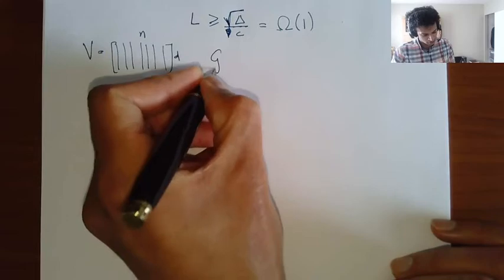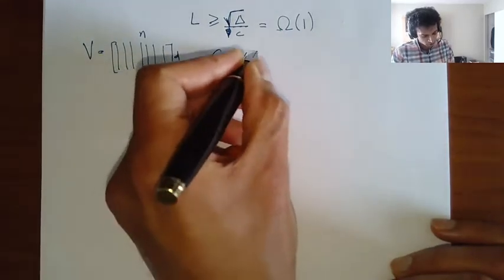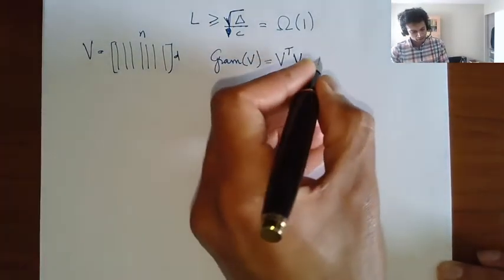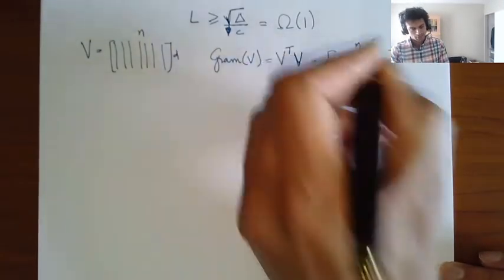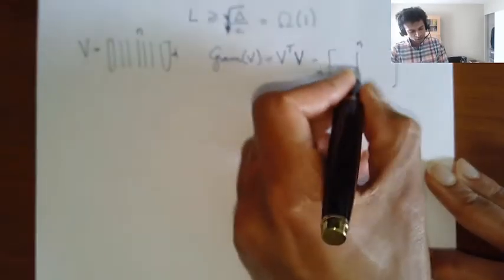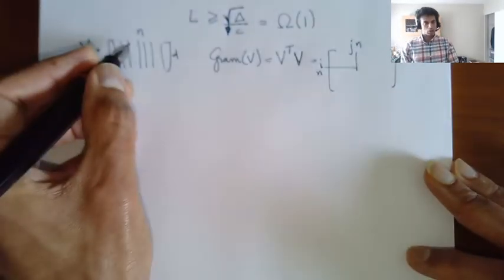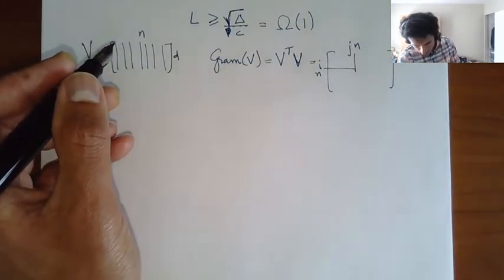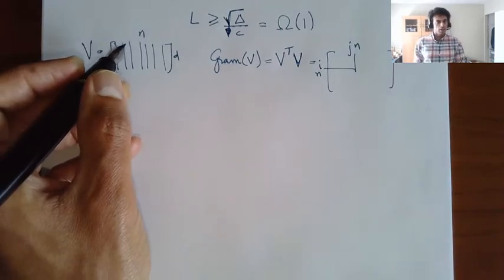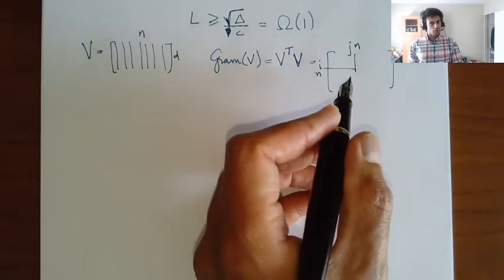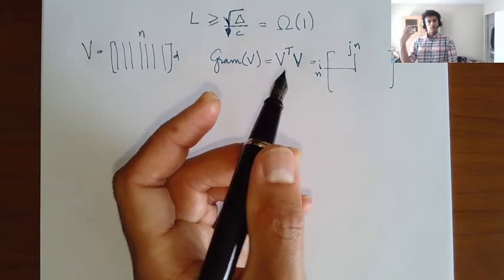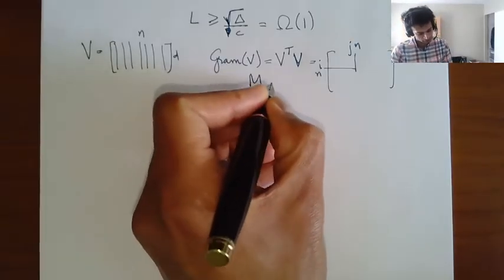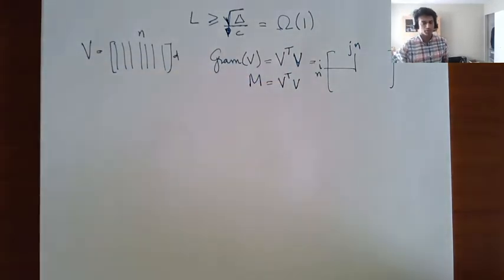So the Gram matrix of V is V transpose V, an n cross n matrix. The ijth entry here is the dot product of the ith vector with the jth vector. The Gramian matrix is basically the matrix of pairwise dot products. I'm going to call this M, V transpose V.